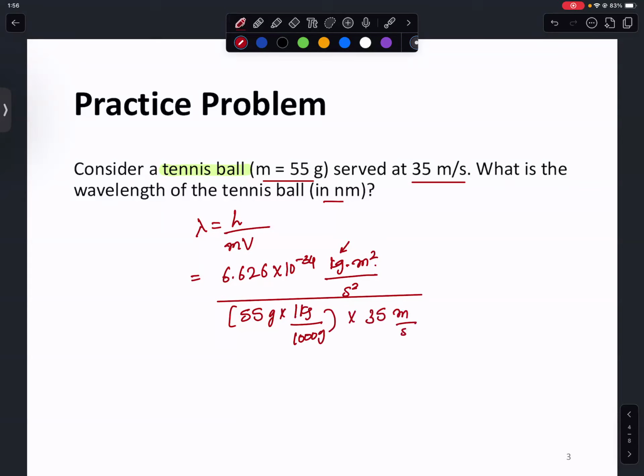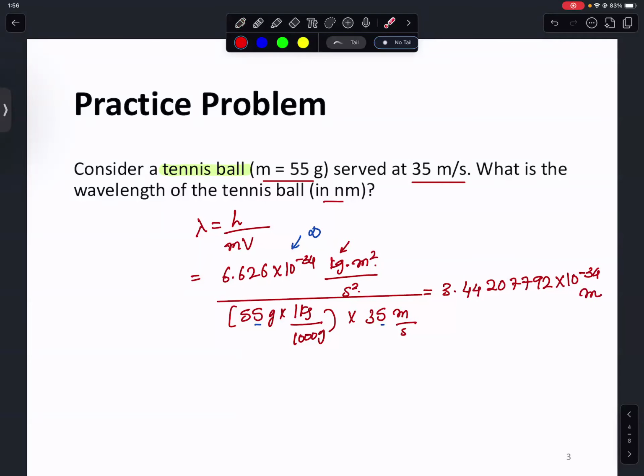I have the units here in meters and then seconds, so the units check out. Let's check for sig figs. This is infinite, this is 2 sig figs, and this is 2 sig figs, and I have here 3.442077792 times 10 to the negative 34 meters.